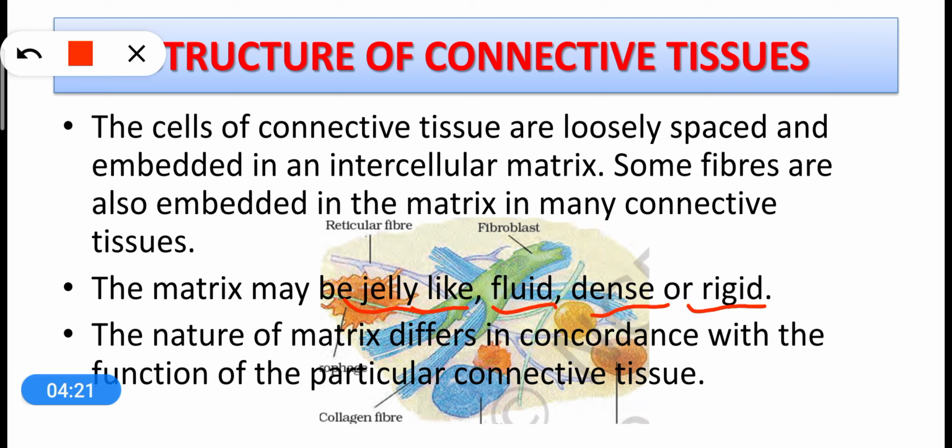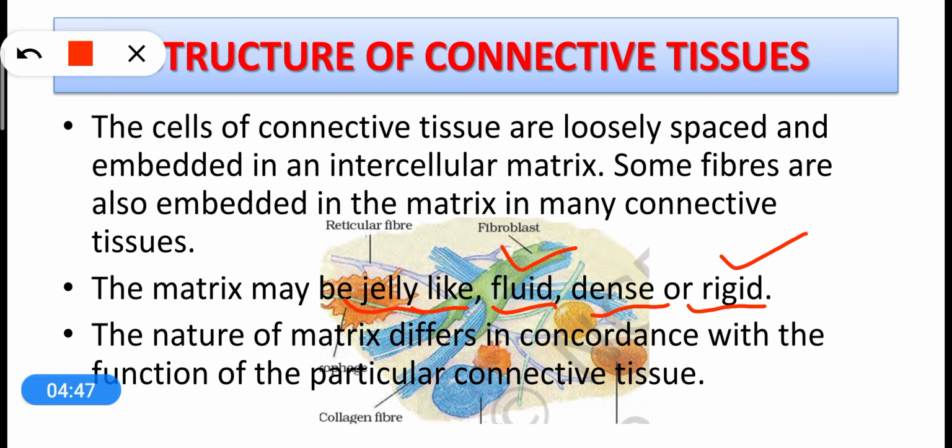For example, if we talk about blood, then the matrix is fluid, and if we talk about bone, then the matrix is rigid and dense. Okay, dear students, so depending on the consistency or the nature of the intercellular matrix, the nature of the connective tissue also varies, right?